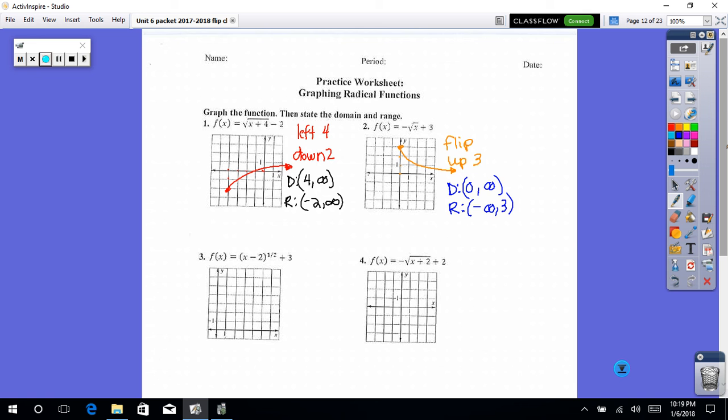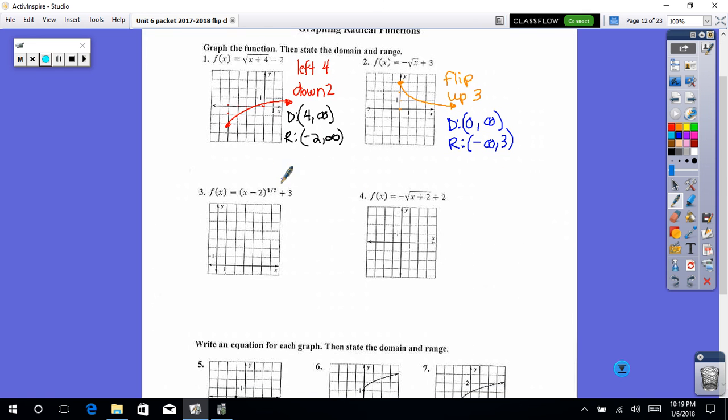Okay, don't let them confuse you right here with number 3. You remember when we write these square root things, you can rewrite it as an exponent of 1/2. So technically this can be rewritten as this right here. This x minus 2 is under the radical.